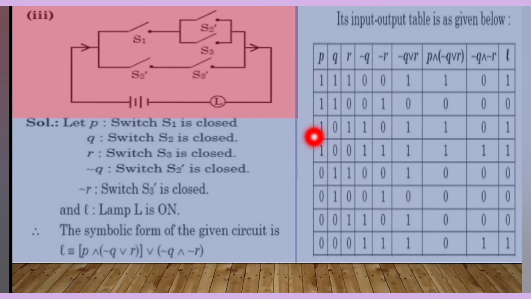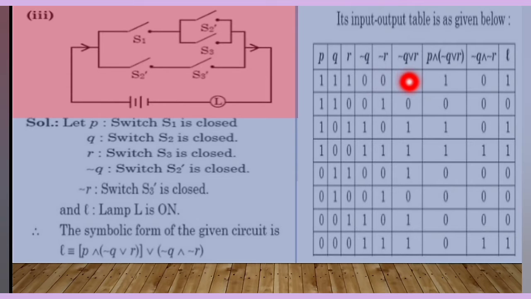P column: 4 ones and 4 zeros. Remember the sequence: first 4 ones and 4 zeros. In the Q column, 2 ones and 2 zeros, 2 ones and 2 zeros, and in the last R column write alternately 1 0 1 0, starting from 1 0 1 0 1 0. Now negation Q, we already know, means the opposite of Q, and negation R means the opposite of R. Here are its truth values.